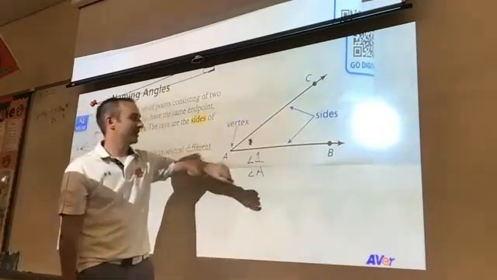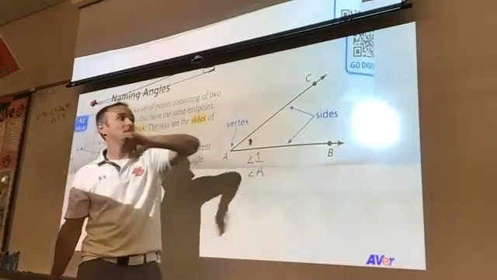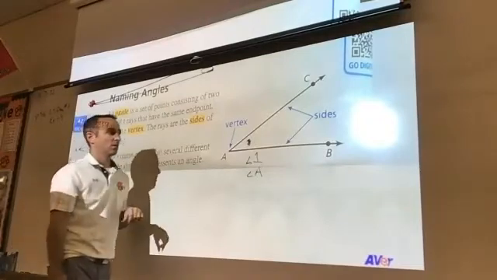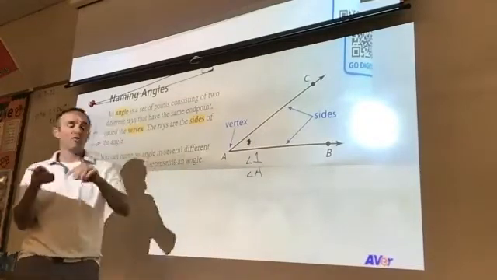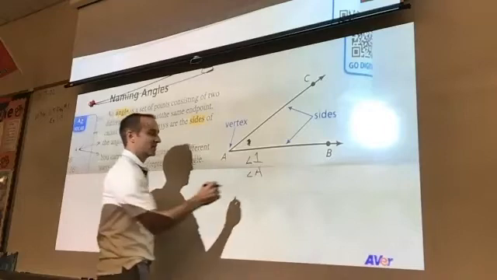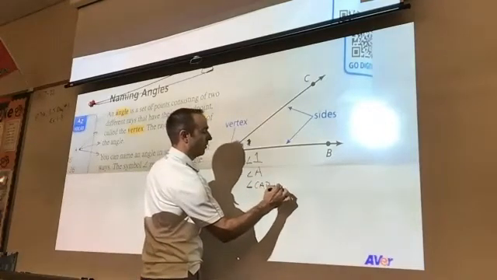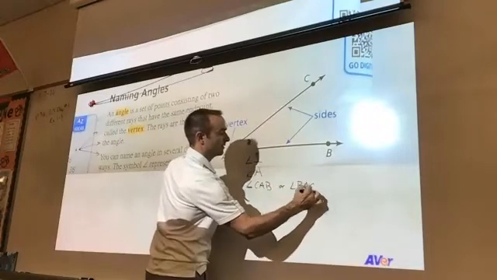So that's where we're going to name it using 3 points, one from each side with the vertex in the middle. So if we need to be more specific, if we have more than one angle at that vertex, we would call this either angle CAB or angle BAC, either way.